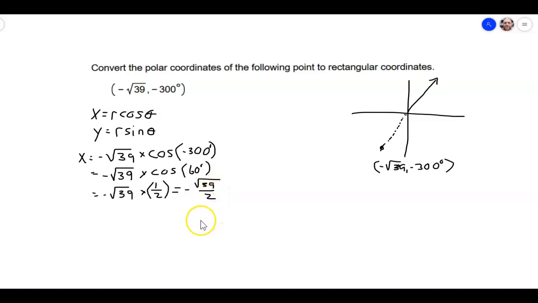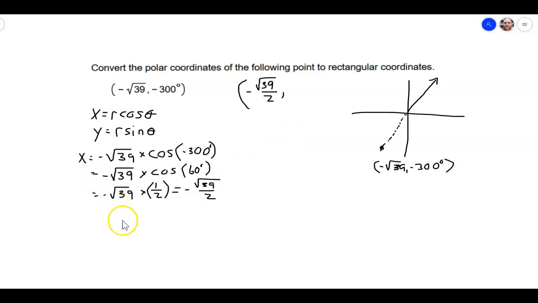So that is my x value here. So we're going in the x direction, whatever value that is, negative root 39 over 2. So that's my x coordinate. Now we just need my y coordinate.